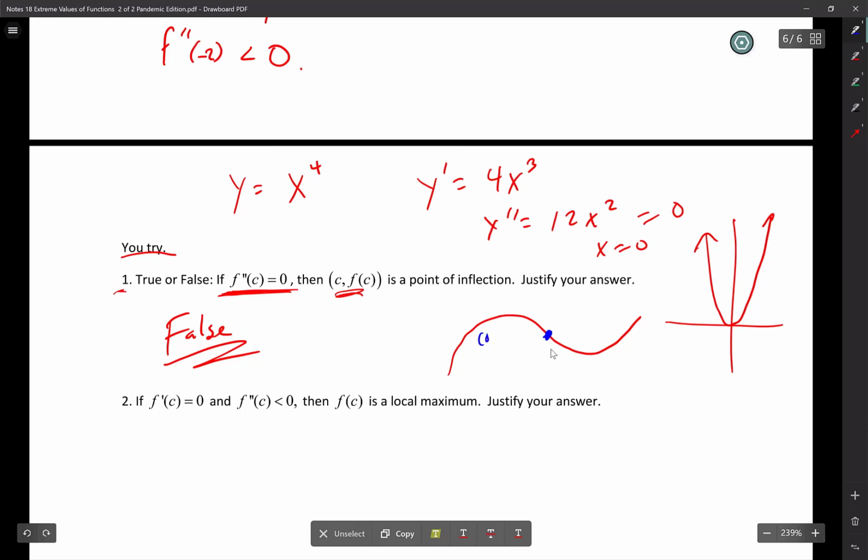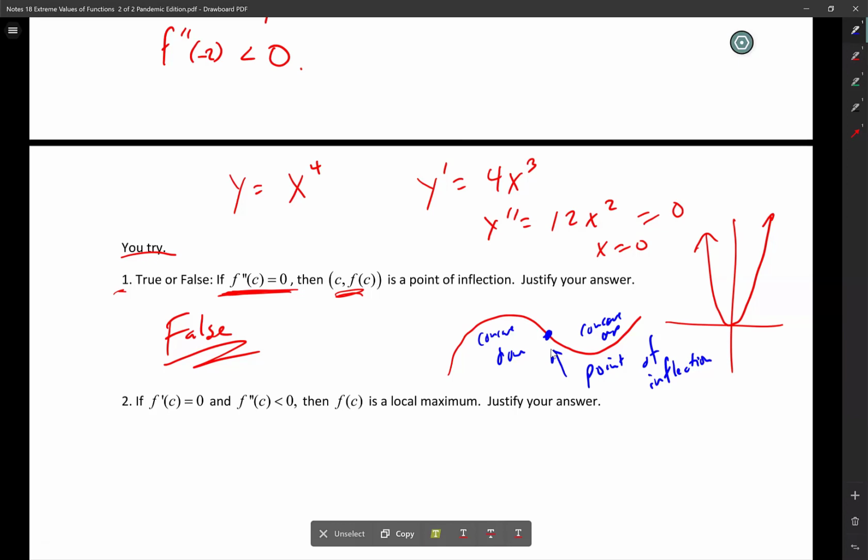I'm concave down, I'm concave up. The way I drew this one, it's going to pass through second derivative 0. But there it is, concave down to concave up. That's a point of inflection, this dot. Does that make sense? Yes, thank you.